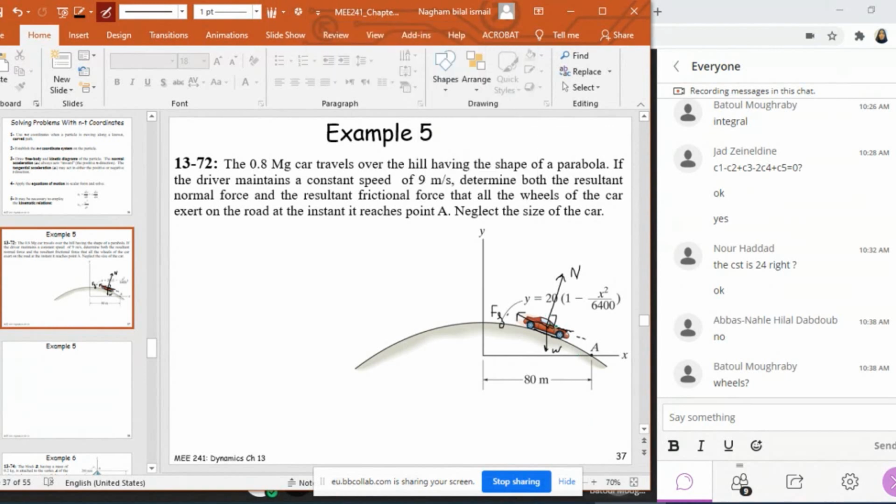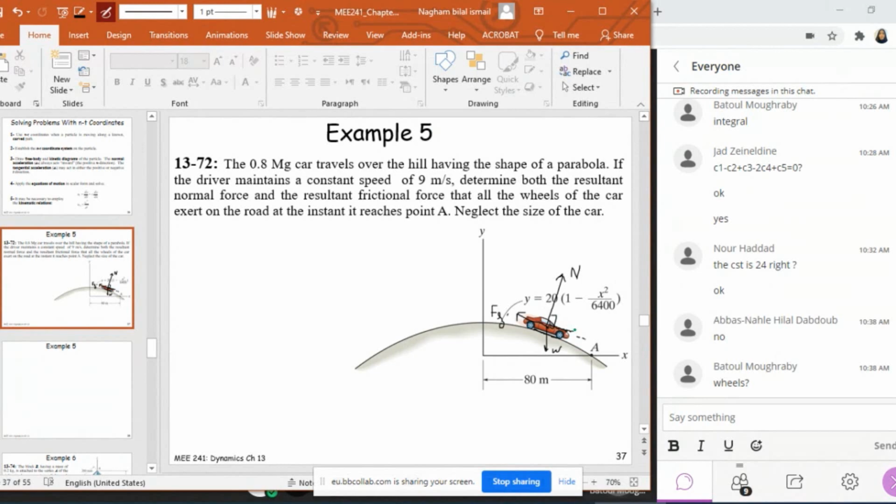The force of the motor. In French, it is la force motrice. What about the engine force here, guys? Do I have an engine force?